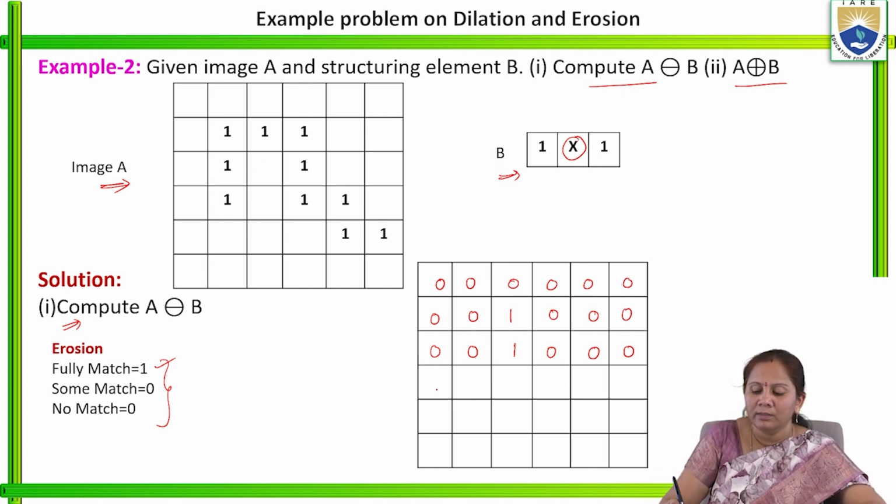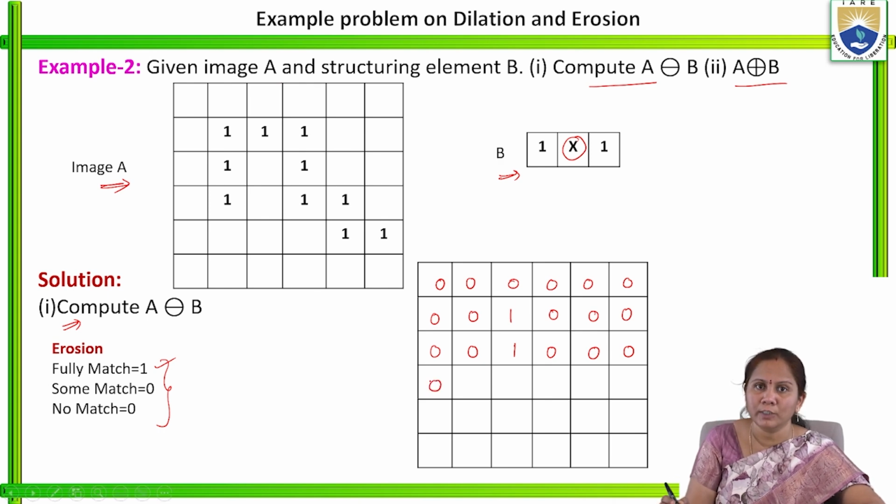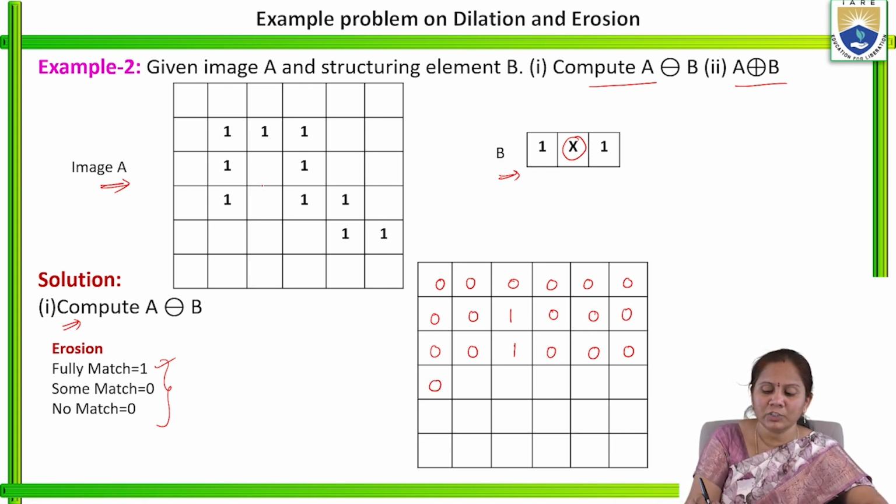So here, to find the fourth row elements, this is the fourth row. So place the structuring element here. Okay. So it comes under some match because the elements are missed. So we can place this as 0. And if we shift the structuring element also, here there are no ones.